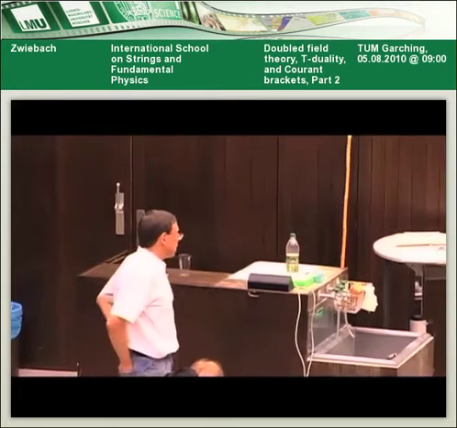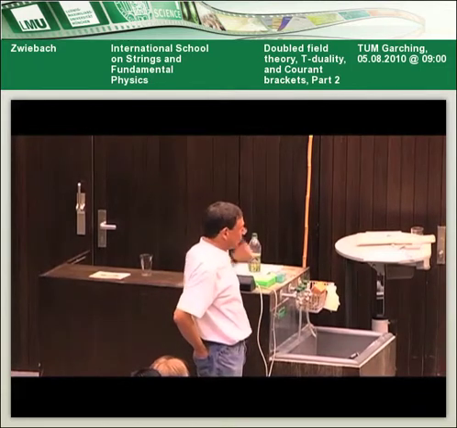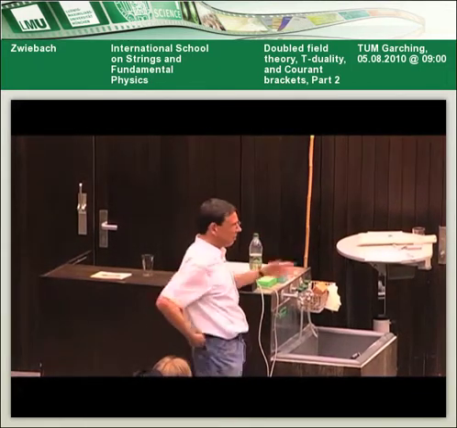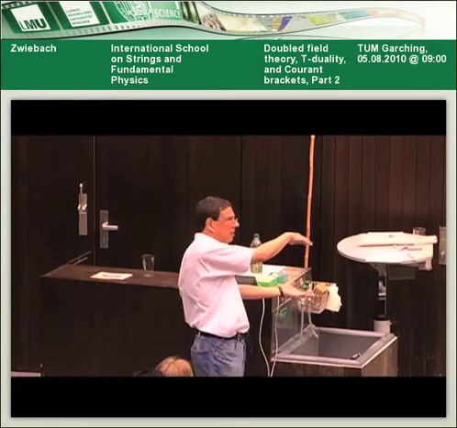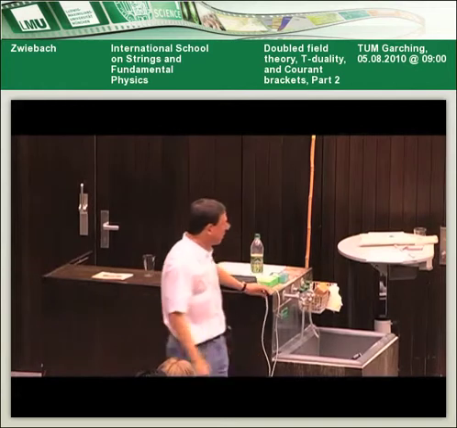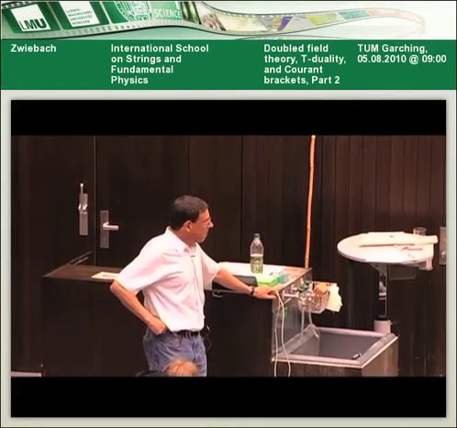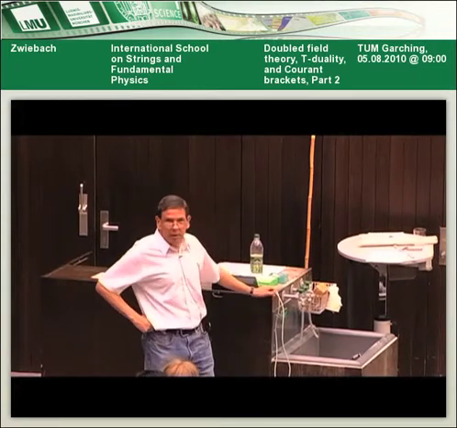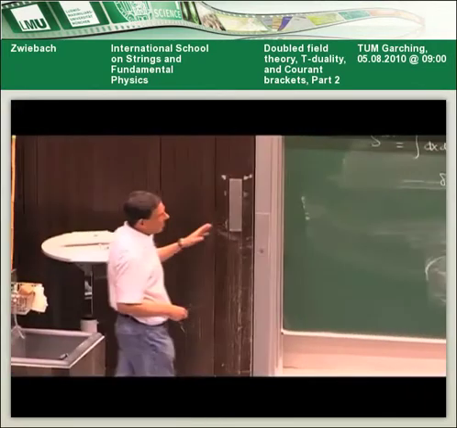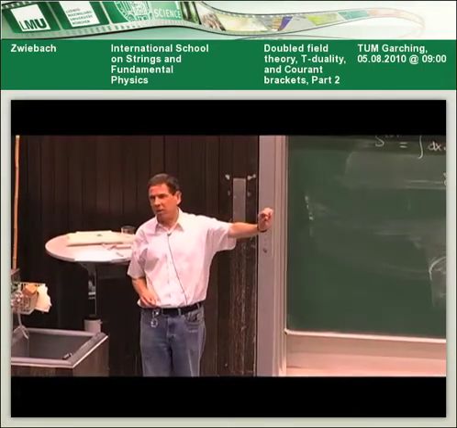Now, you might say a theory that exists so nicely to quadratic order, for which you can define a cubic interaction, it agrees with Einstein's theory when x tilde is equal to 0, is T-duality invariant, it's everything quite nice. Why would it fail to exist to quartic order? Well, that's a good question, but remember, we're trying to build a theory that uses just a particular subset of string theory.